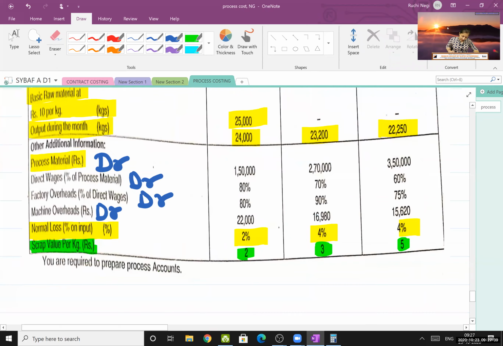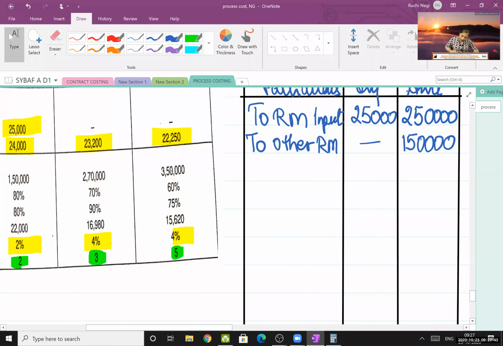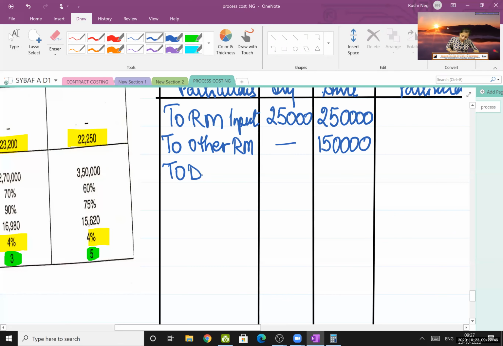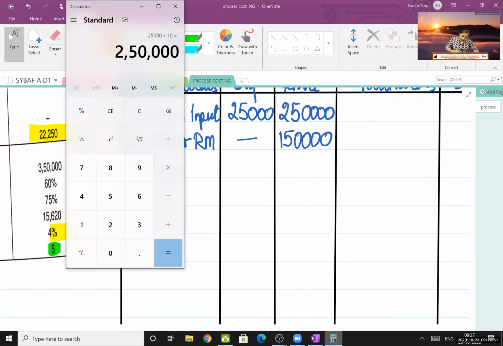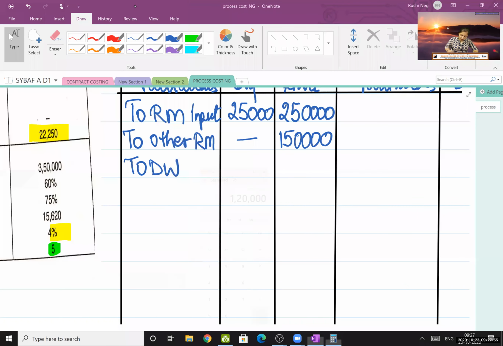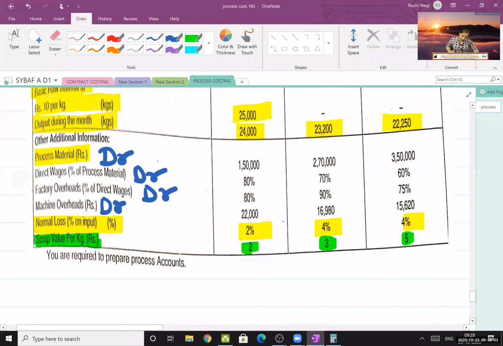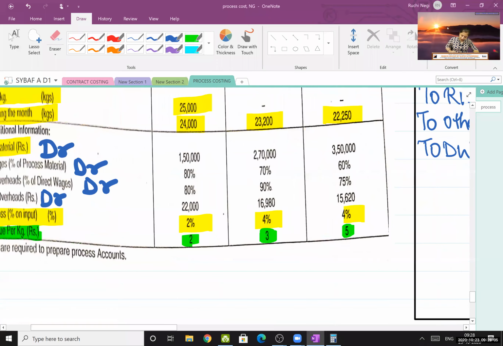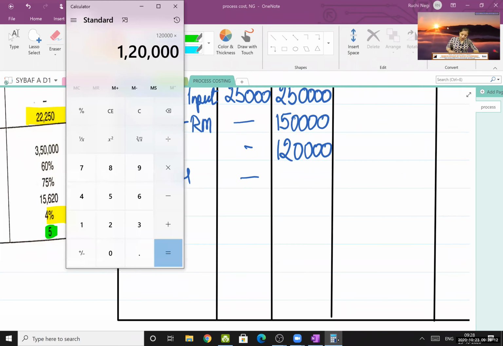Next, direct wages, 80% of process material. Okay, so right here, direct wages. Okay, it is said 80%, so take 80% of 1,50,000. 1,50,000's 80% is how much? 1,20,000. So right here, 1,20,000. Next, two factory overheads, 80% of direct wages. Direct wages is how much? 1,20,000.